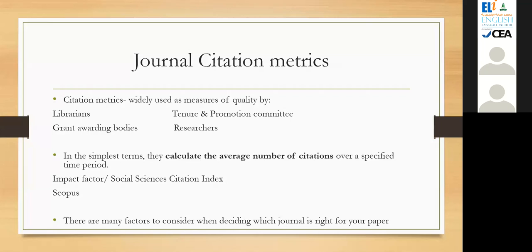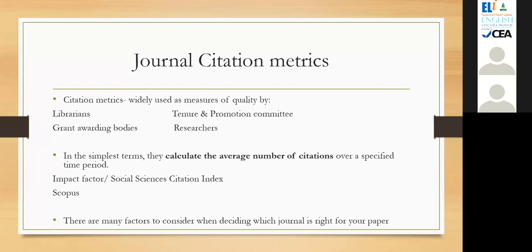Okay, so in the simplest terms, they calculate the average number of citations over a specified period of time. Each journal should have an impact factor and a Social Sciences Citation Index, or it could be Scopus. So we have two types of journals.